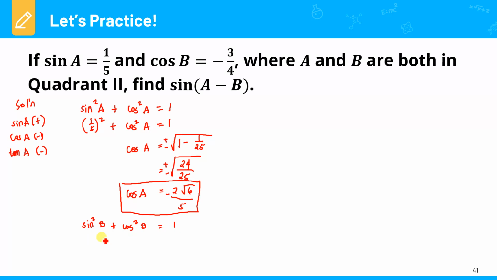Then you have sine squared B plus negative 3/4 quantity squared, that's equal to 1. In other words, sine B is equal to the square root of 1 minus 9 over 16.